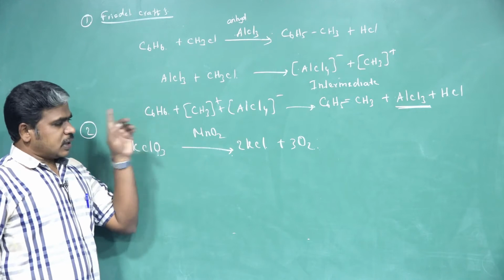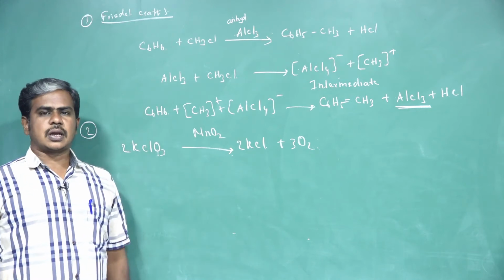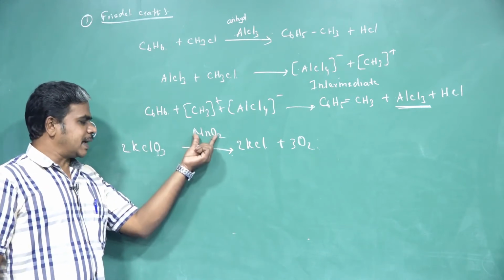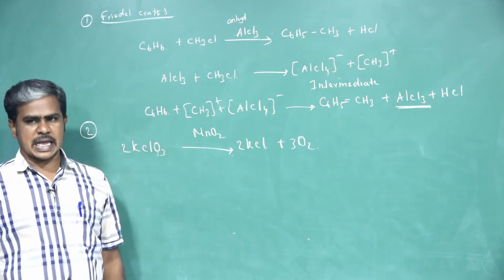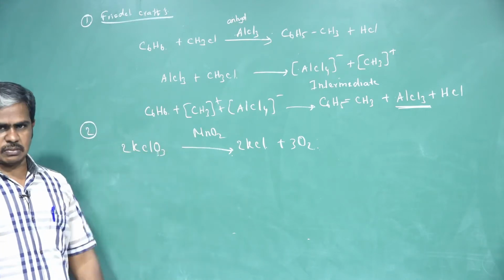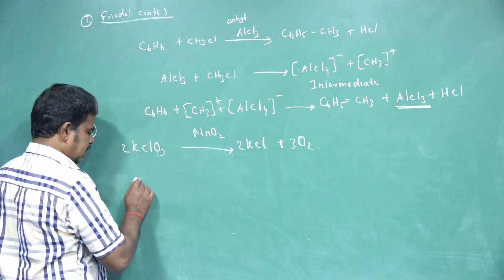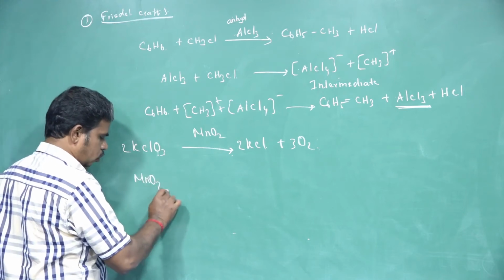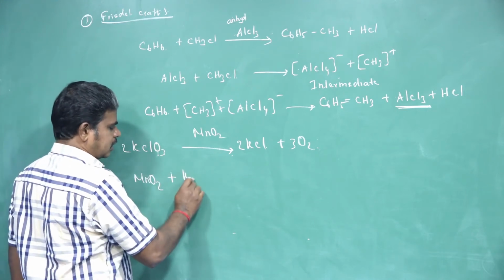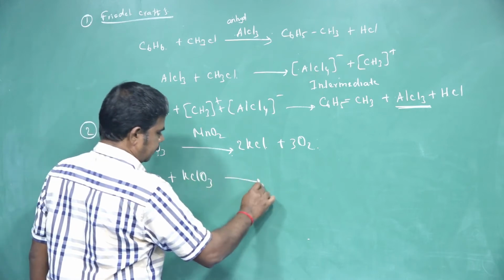Now what according to intermediate compound formation theory? The catalyst reacts with the reactant and forms an intermediate. Now we are taking the catalyst MnO2, which reacts with KClO3.